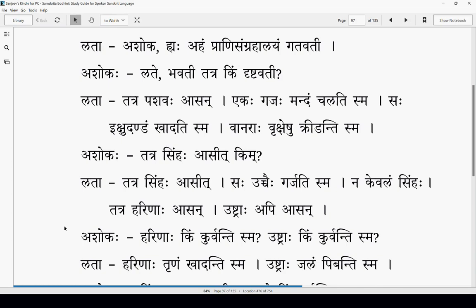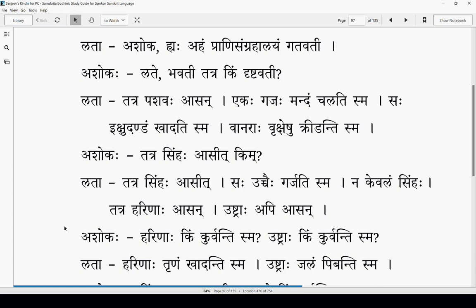Gajaha Chalitavan. Walking elephant. Because it is Bhuta Krudanta, if you add Gajaha Chalitavan Asti, it means the elephant walked. Like we used with drunk, right? He is drunk. Okay.